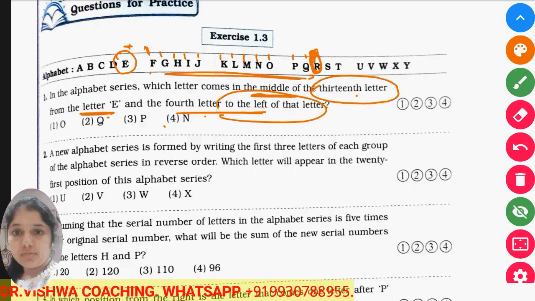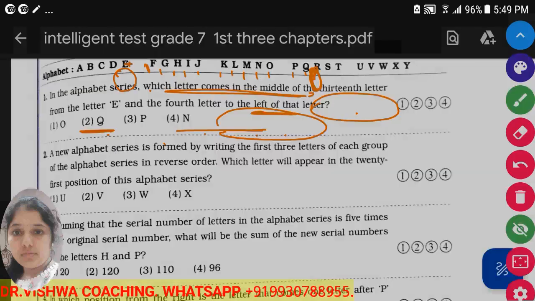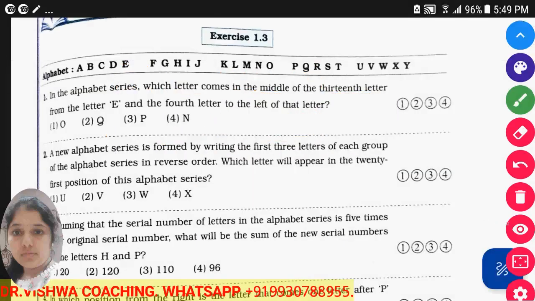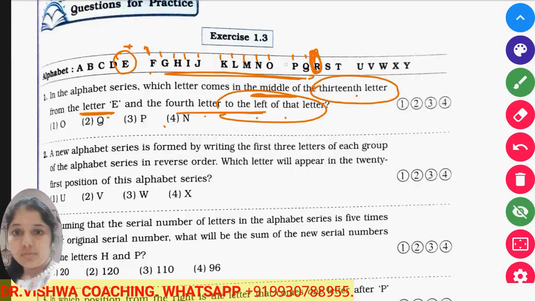Now we have to find the fourth letter to the left of that letter. So the fourth letter to the left of R: 1, 2, 3 and 4. So the 13th letter from E is R and the fourth letter to the left of that letter is N.